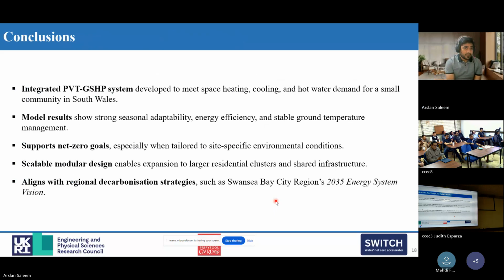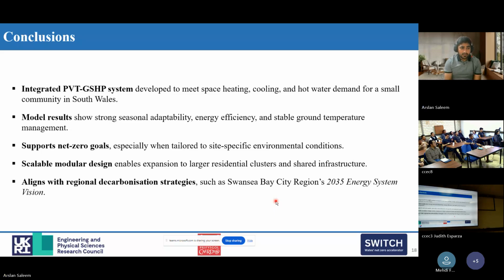And finally, the conclusions. So the system investigated was a PVT unit coupled with a ground source heat pump system, developed to meet the space heating, cooling, and hot water demand for a small community in South Wales.